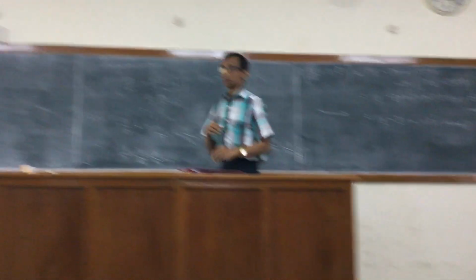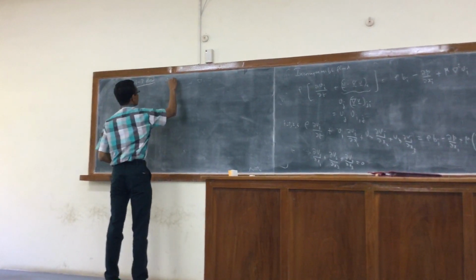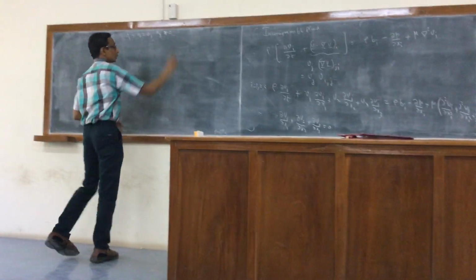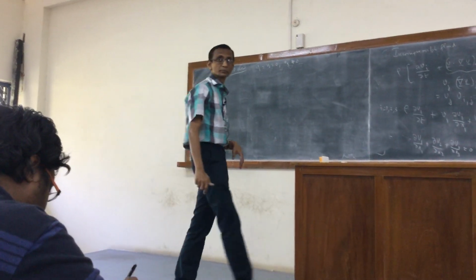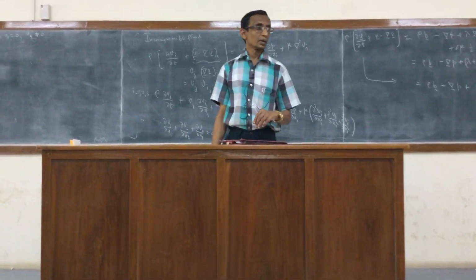I could choose any one of them to be the non-zero component. So V1 equal to V2 equal to 0, and V3 is non-zero.